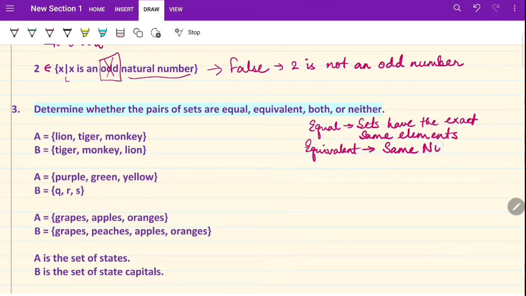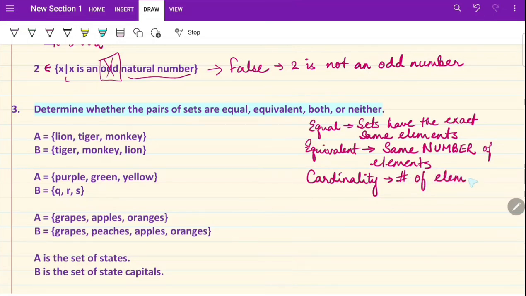So if one has 3 elements in it, they may not be the exact same elements, but as long as they have the same number of elements, then they are equivalent sets. So if you recall, we discussed something called cardinality. Cardinality refers to the number of elements in a set. Number of elements.